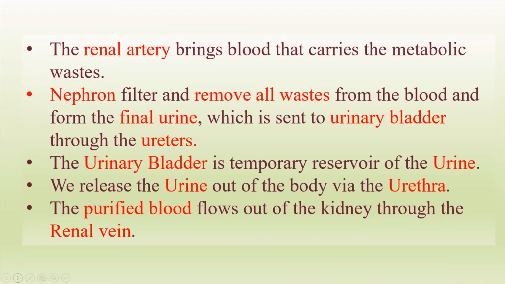Then we release the urine out of the body via the urethra, which is a fibromuscular tube beginning at the lower opening of the bladder and extending out of the body. Meanwhile, the fresh and purified blood flows out of the kidneys through the renal vein. That doesn't mean that, if the blood is oxygenated, for oxygenation it must go to the lungs.